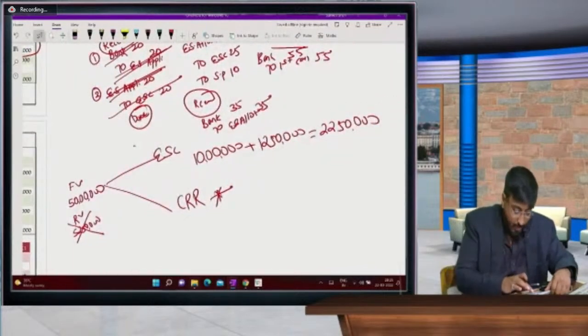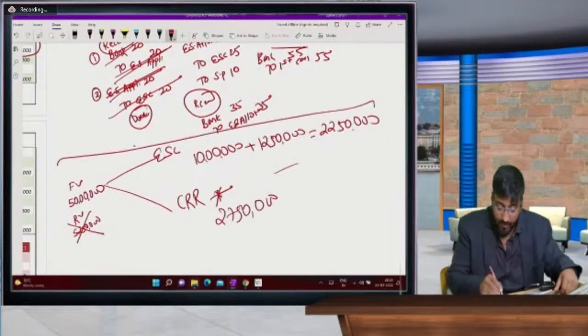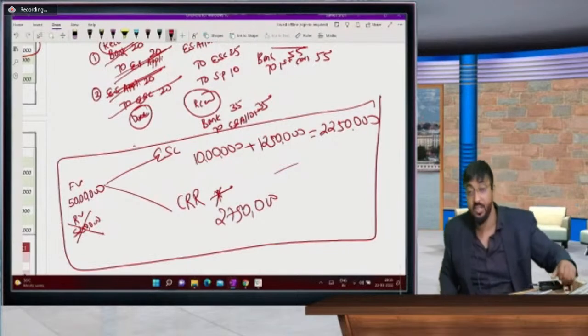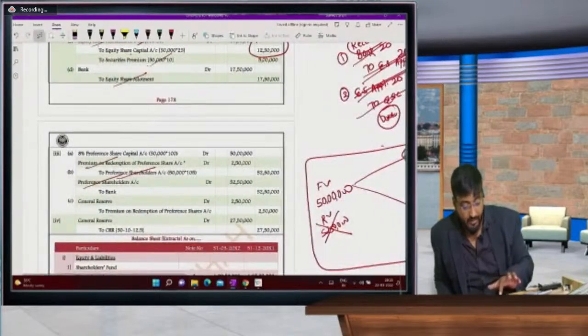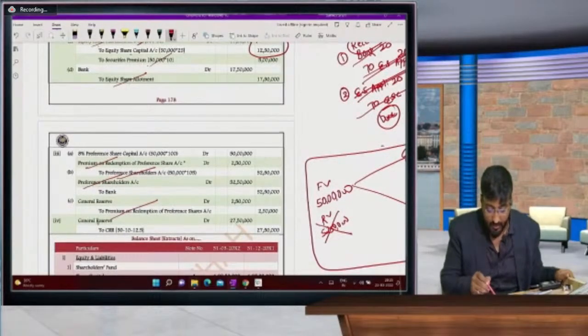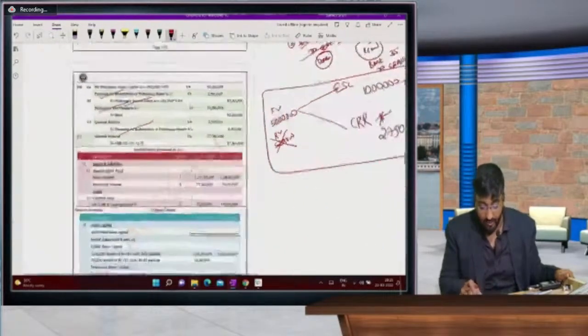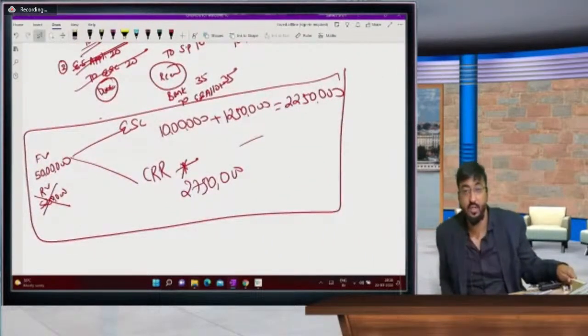So 50 lakh. Answer CRR is 27,50,000. Please prepare this Chitra diagram. CRR last entry, free reserves, general reserve account debit, premium is transferred to general reserve to CRR. This is a Chitra.